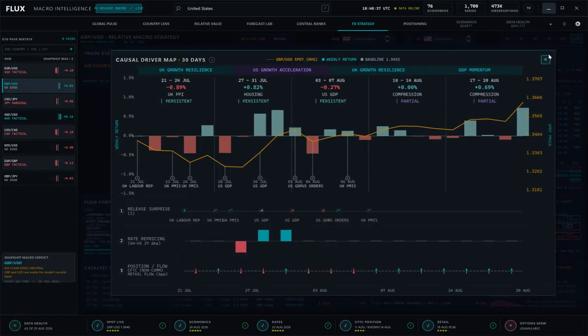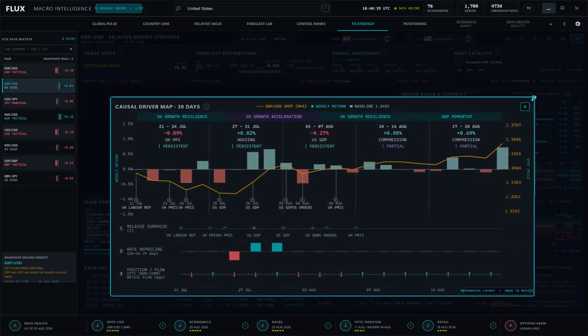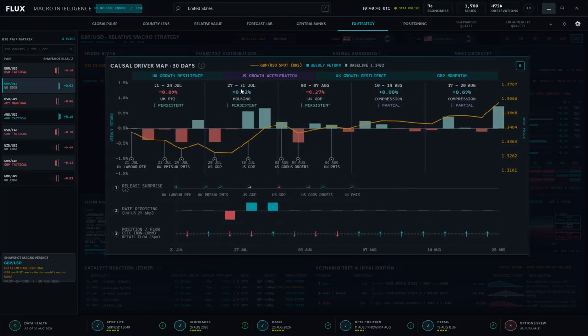One thing I would like to mention or discuss a little bit here: this piece of chart shows what drove the price from bottom to top, or top to bottom. So if we're looking at the 23rd of July, UK PMIs were released, and the UK PPI was also released, and that drove the UK's price down.